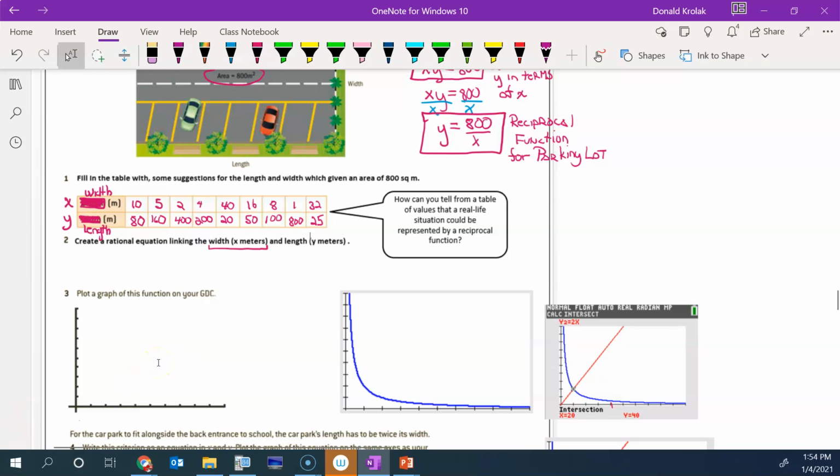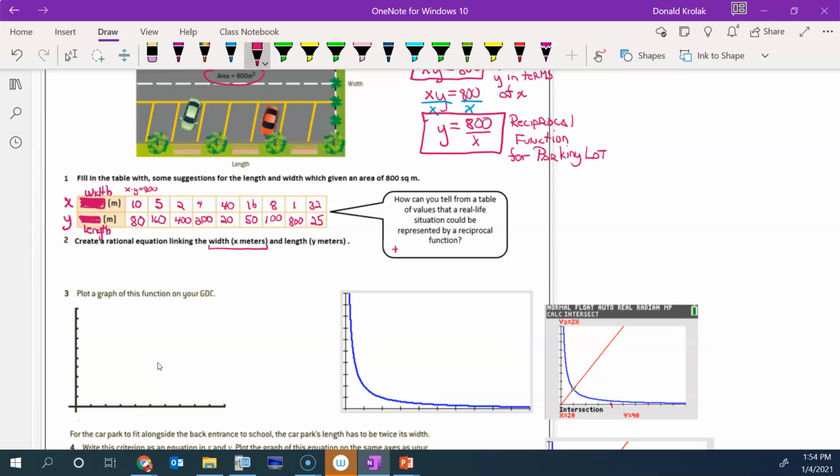All right. So we could pick like 10.5, but the whole point here is if you look at the product of these numbers, the product is always 800. So that's how you know you've got a reciprocal function. How can you tell from a table of values that a real life situation could be represented by a reciprocal function?